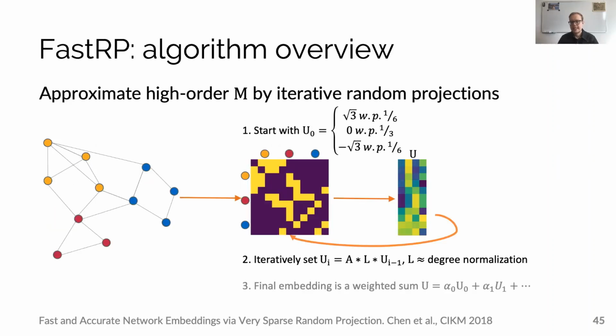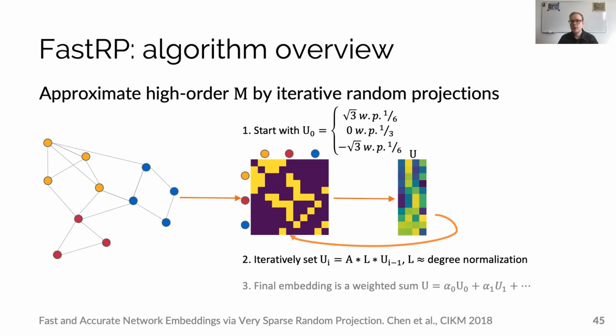A slightly more modern thing is FastRP. We start not with orthogonalizing the columns of a random matrix, but just with a completely random matrix filled with specific values: square root of 3 with a probability of 1/6, minus square root of 3 with a probability of 1/6, and 0 otherwise. So 2/3 of the matrix entries are actually nonzero.